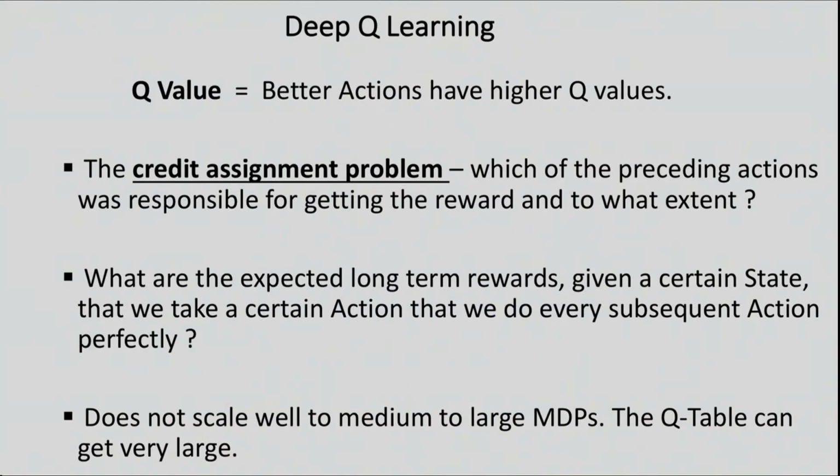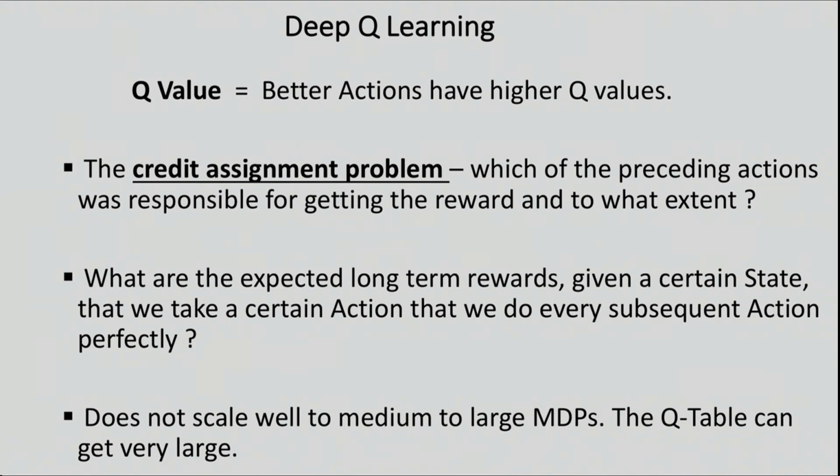And we're going to maintain Q value state action pairs in what we call a Q table that you can refer to. We also have something called the credit assignment problem. Which of the preceding actions was responsible for getting the reward and to what extent? That's important to know, how we got our policy reward.